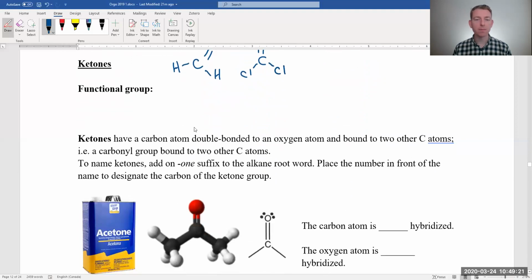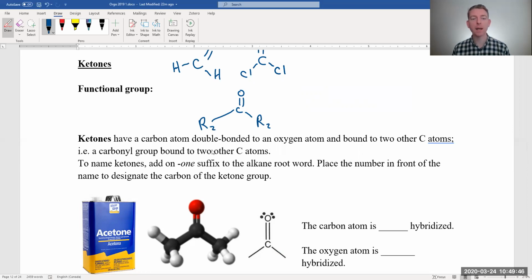For ketones, the functional group, and again, you can see that we're staying consistent with the way it's rolling out. So the last one we had, our R group was going to a carbon that's double bonded to an oxygen that went to just a hydrogen. Now that carbon is going to bond through to a different carbon side chain.